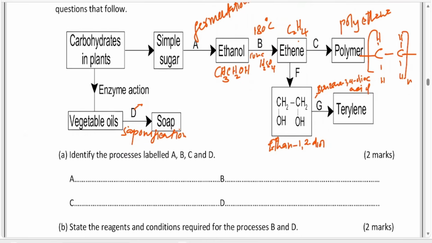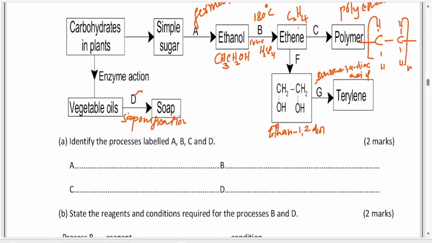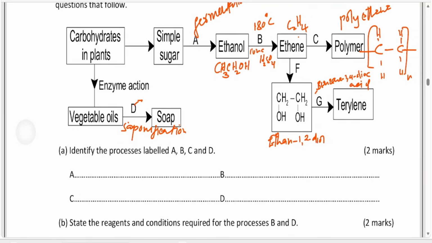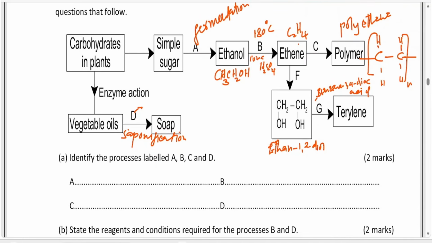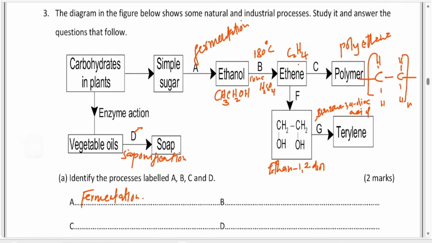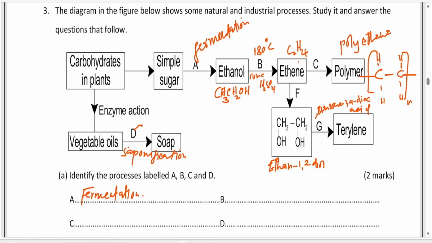We identify processes A, B, C, and D. Process A, as we saw before, is fermentation. Process B, I call it dehydration.